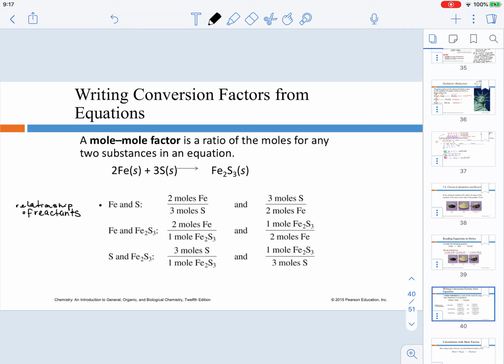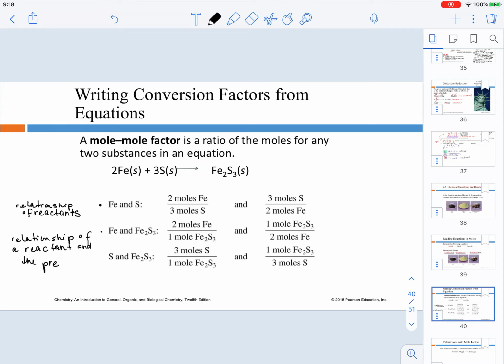Because remember that this relationship, since it can be placed as a fraction, we can just put the relationship in the numerator or the denominator. We can even make relationships of a reactant and the product.